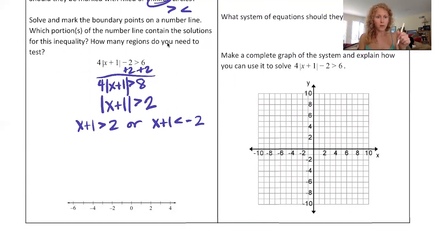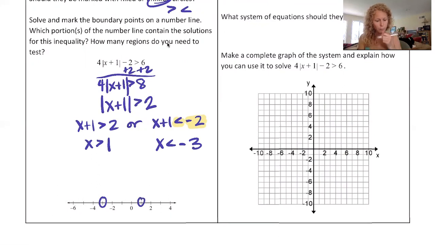So with the inequalities, when you switch the sign, you also change direction. On this left side, we've got x is greater than 1, because we're taking 1 off. On the right side, we have x is less than negative 3. So our points are negative 3 and 1.